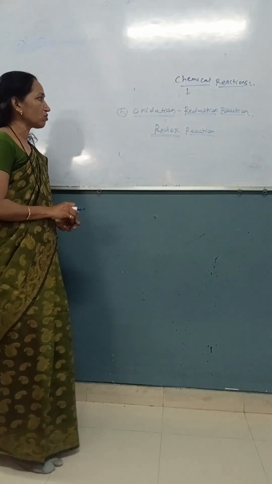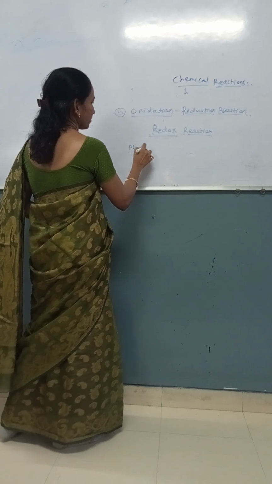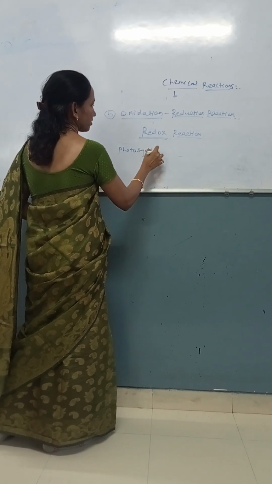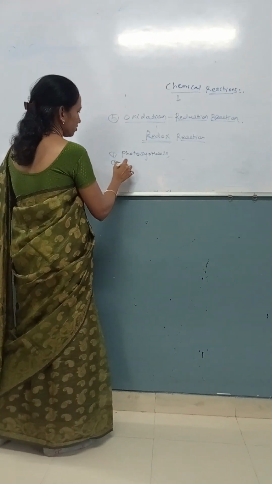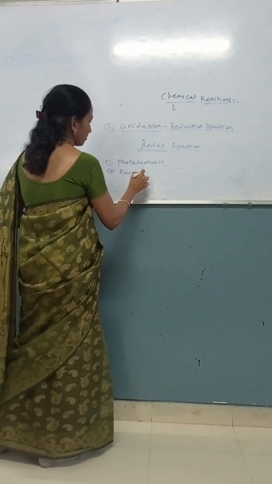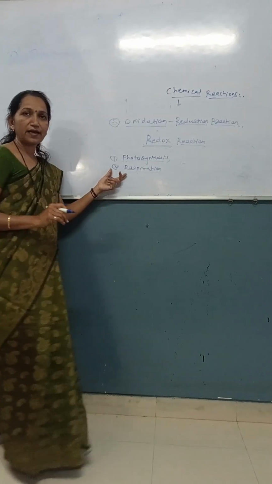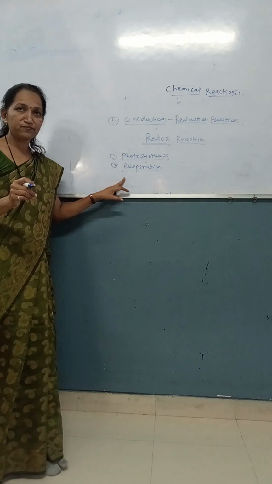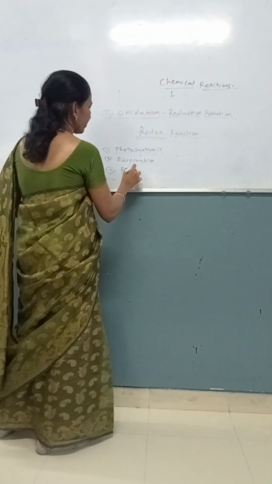So, which are the examples of these reactions in our daily life? Take down these examples. The first is photosynthesis. The second is respiration, in which glycolysis reactions and the Krebs cycle are involved. The third is rusting of iron.